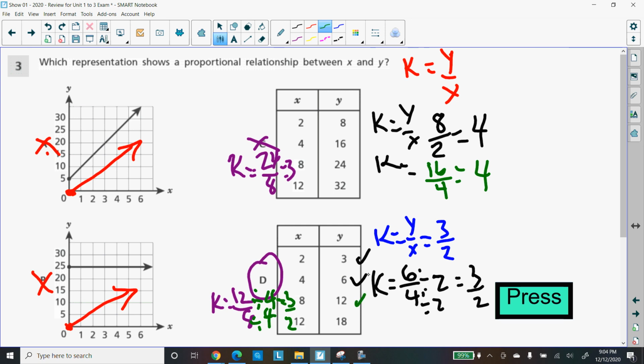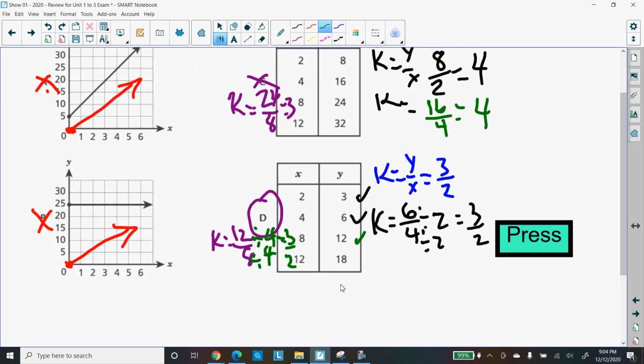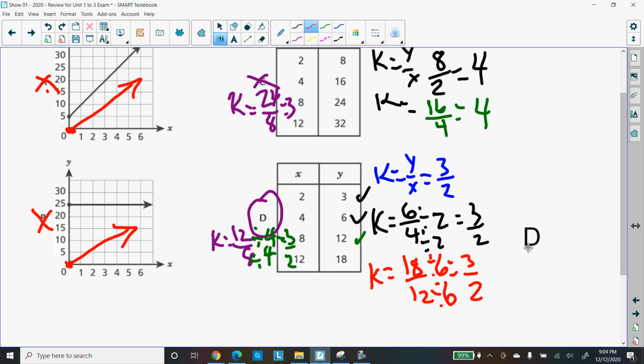So Dr. Rob, I am very sure that the last one also works, but I better check it just in case. K equals 18 over 12. I'm going to divide that by 6. Divide that by 6, and that is equal to 3 over 2. So if you said choice D, you are absolutely correct.